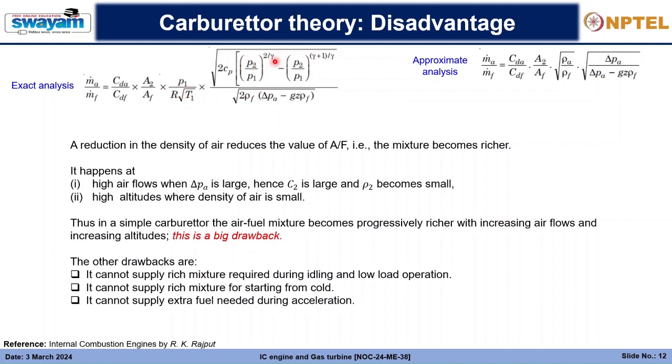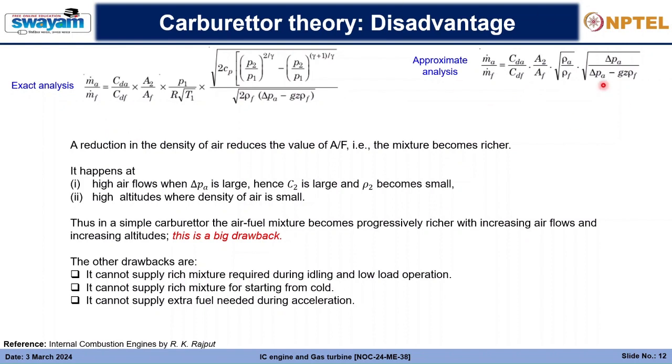It will be an evaluation of these properties, right? So in that case, if we do the approximate analysis, the density of air out here is rho A. If rho is less, the air to fuel ratio will be less, meaning fuel will be higher in comparison to a particular amount of air, and the mixture will become richer.